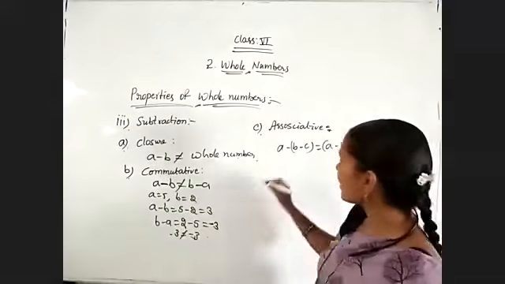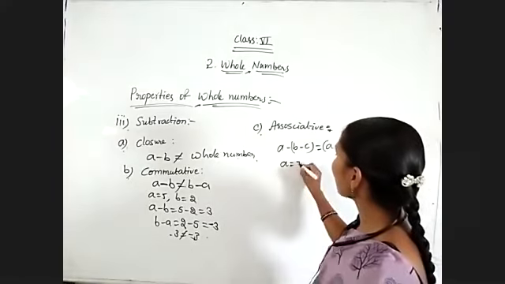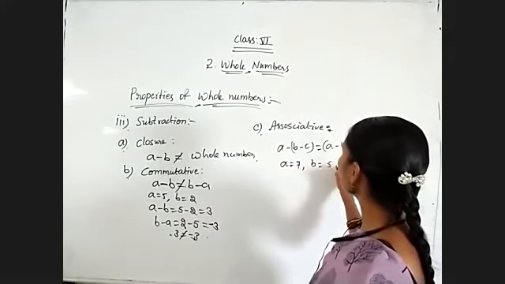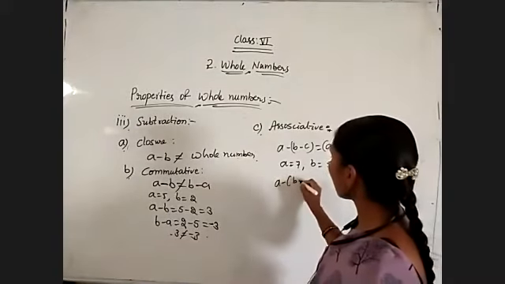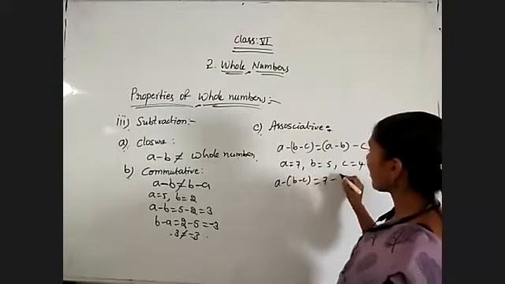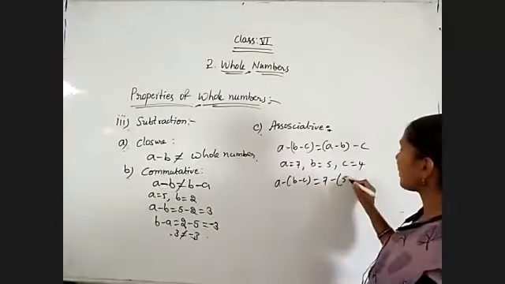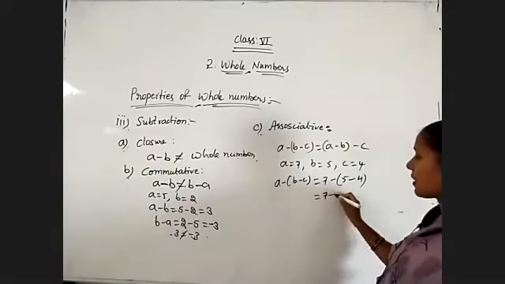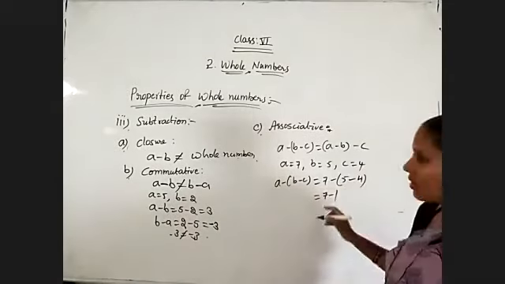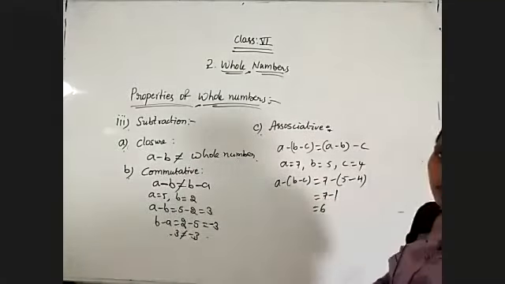Whether it is possible, take A value 7, B value 5, C value 4. A minus (B minus C) is 7 minus (5 minus 4). Because the brackets operation we need to do first, 5 minus 4 is 1, and 7 minus 1 is equal to 6.